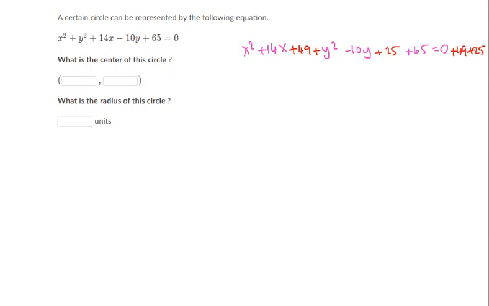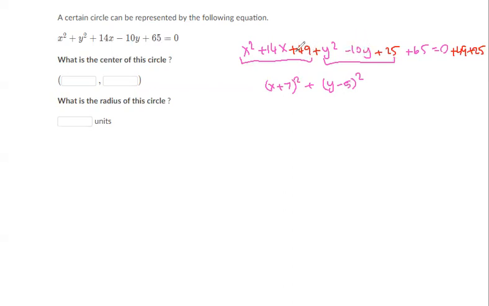So now these 3 terms make a perfect square, which is the same as x plus 7 squared. And then these 3 terms make another perfect square, which is going to be y minus 5 squared. Again, 7 is just half of this coefficient, and -5 is just half of this one.